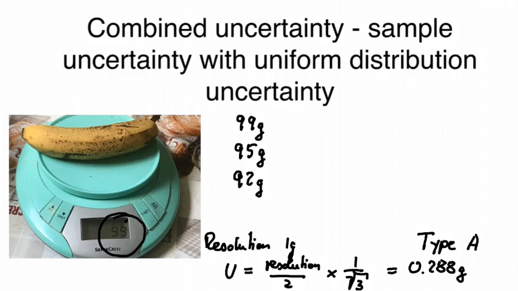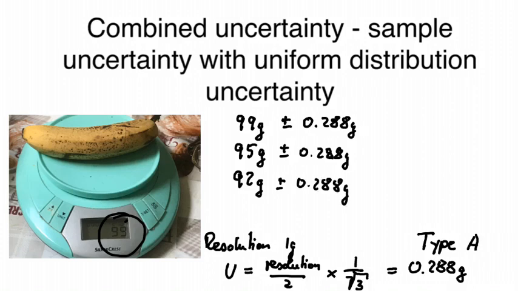So we can actually say the uncertainty for our bananas would be 99 gram plus minus 0.288 gram for each measurement, plus minus 0.288 gram, plus minus 0.288 grams. Because every measurement has this issue.